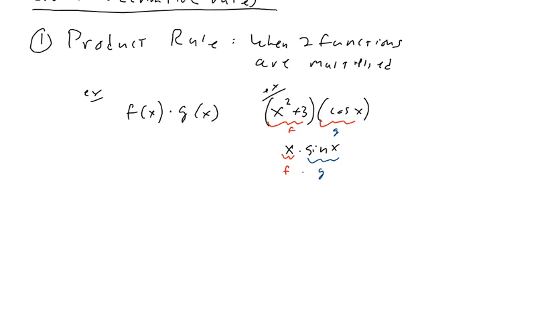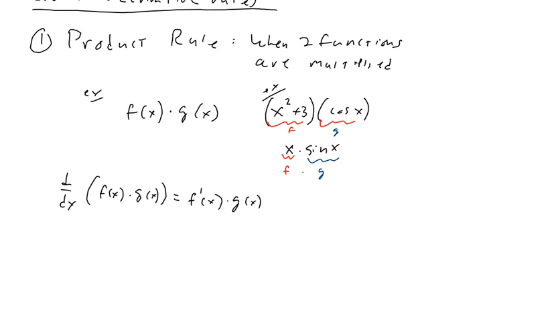So the way we do this is, if we do the derivative, d dx, of two functions multiplying each other, f of x times g of x, it becomes this situation here. You do the derivative of each piece one at a time. So what I mean is, you do the derivative of the first piece, you find the derivative of the f, and you leave alone the g.